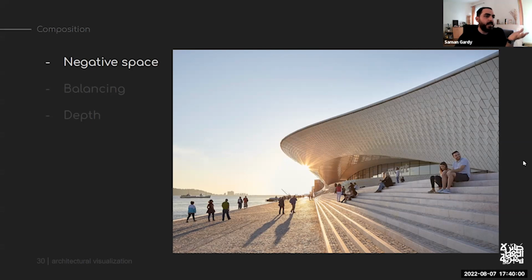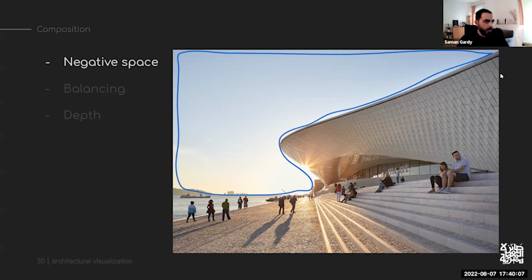Because let's talk about this particular photo. Here, in half of the image, you are giving a lot of information to the audience or to the viewer. A staircase, stairs, some people are sitting, we have an architecture, some people are walking, boats, water.